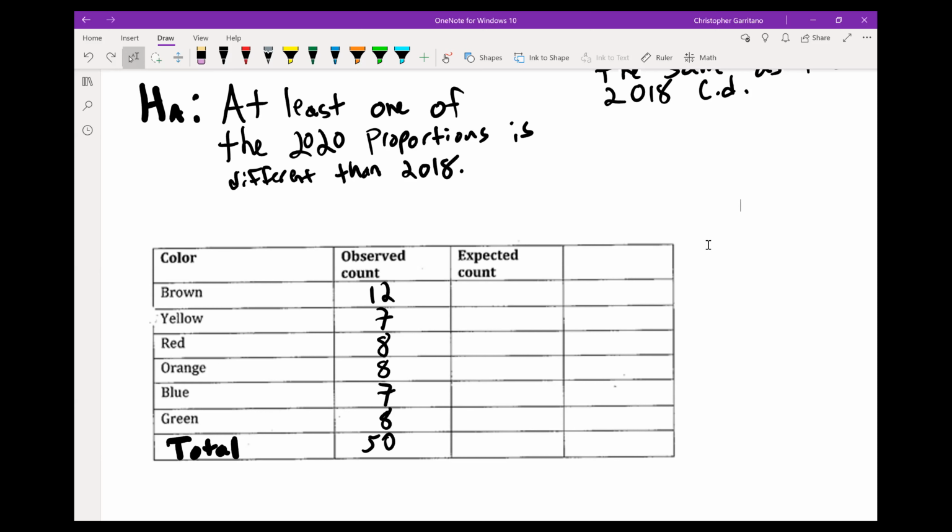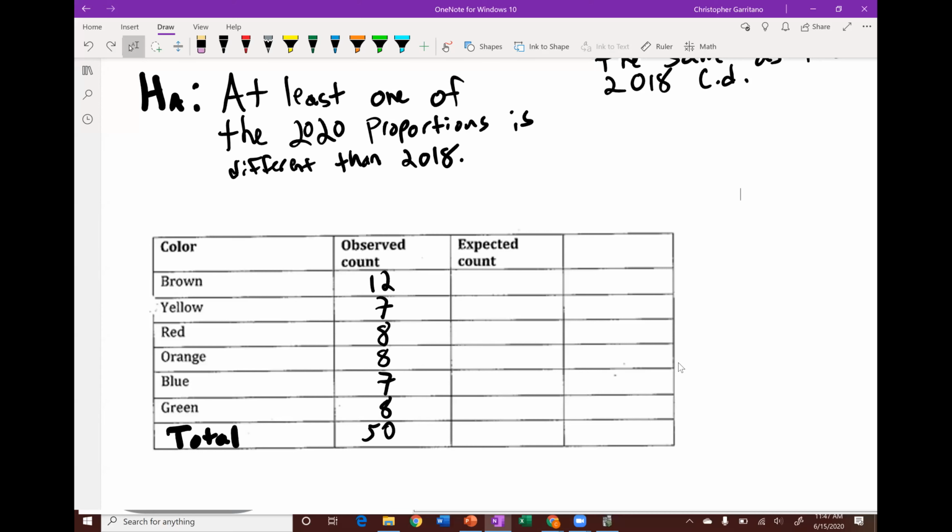There were a total of 50. What do you think we would have expected though? I want you to take a moment and think about how we might fill out the expected count column.